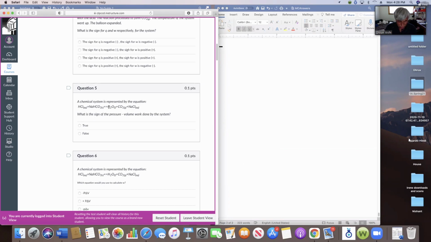There is no gas on the reactant side. There is 1 mole of gas on the product side. Gas is being produced, and therefore the gas is going to expand the volume of the reaction. And in order to expand the volume, it will have to push at the surroundings, meaning it will do work on the surroundings. So it would be a negative sign.